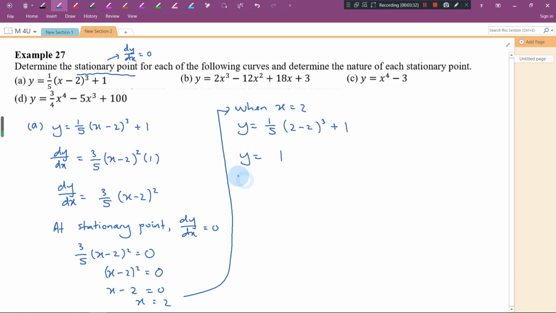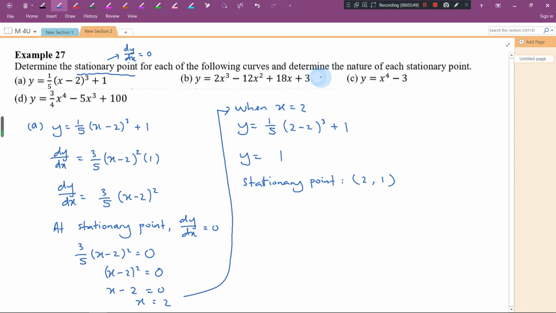Now we know that the stationary point is (2, 1). So these are the coordinates of the stationary point.